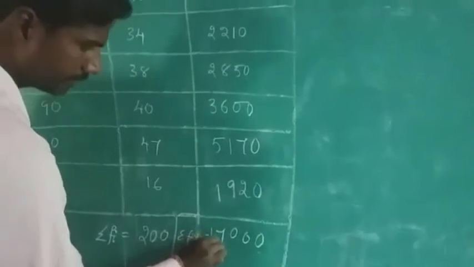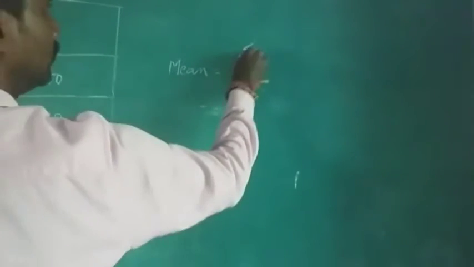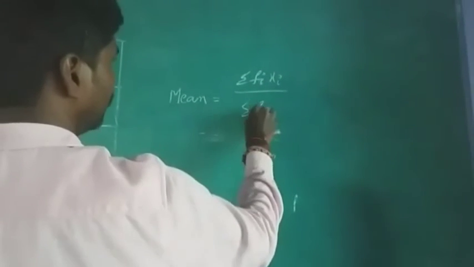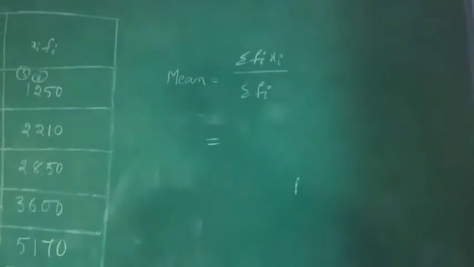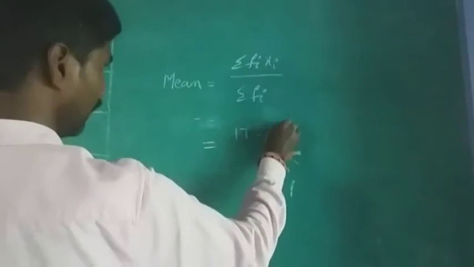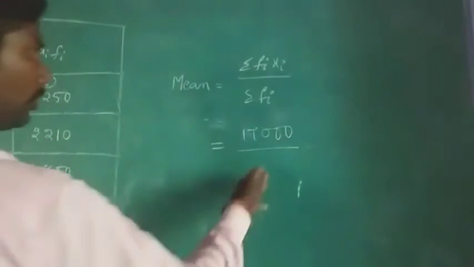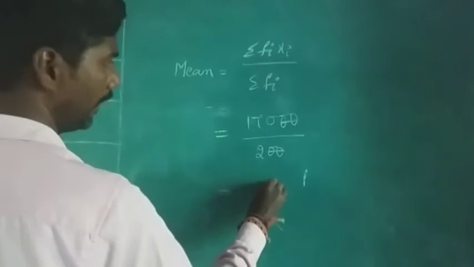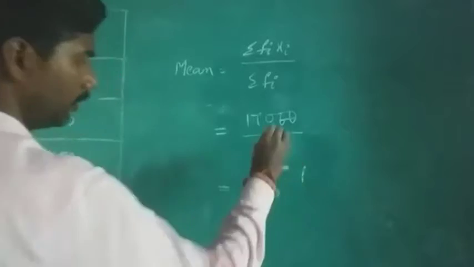We know the formula: mean is equal to summation fi xi by summation fi. The summation xi fi is 17,000 by 200. 2 zeros get cancelled, so you write 170 by 2.